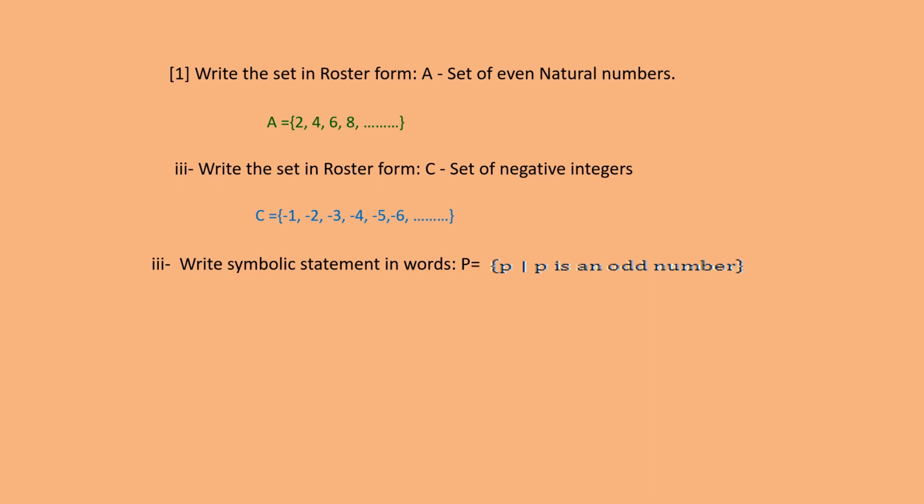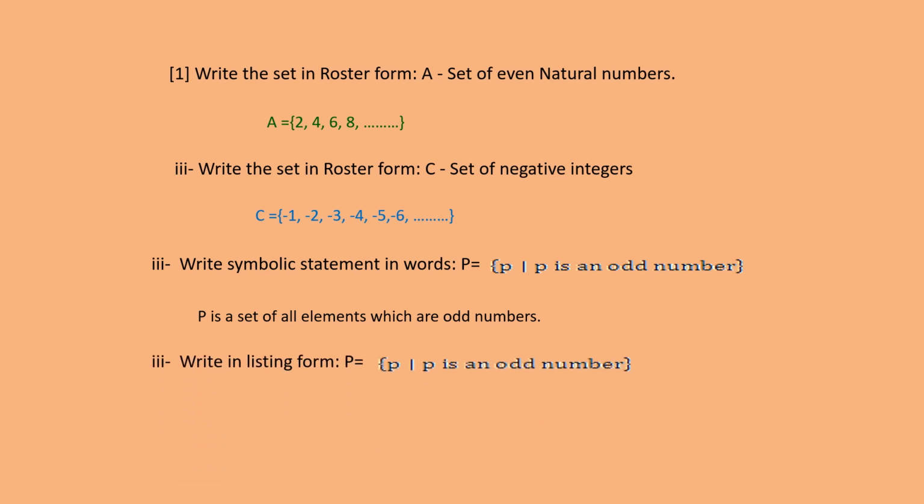Now odd number, when they said, we can take it as a P set whose elements are all odd numbers. How do we write down? See here, P equals to 1, 3, 5, 7. So this is the way we indicate our listing method or roster method.